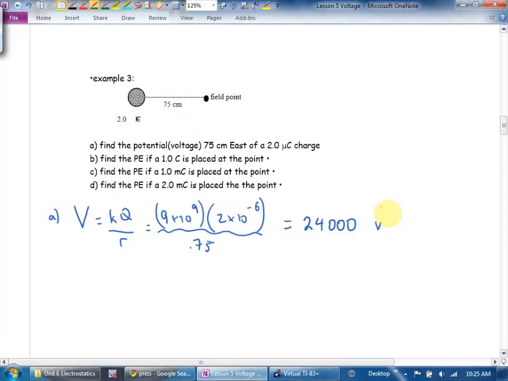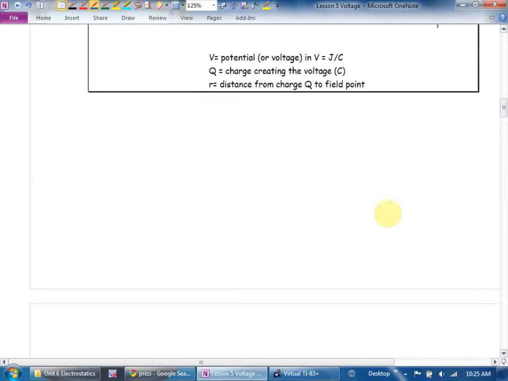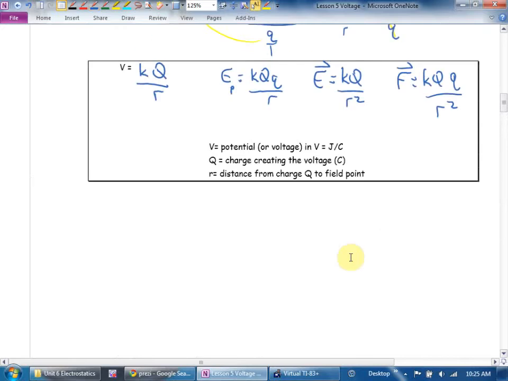By the way, let's go back a half page here to this. Because voltage is how much energy per coulomb, it's a scalar. And you know what the fact that it's a scalar means?